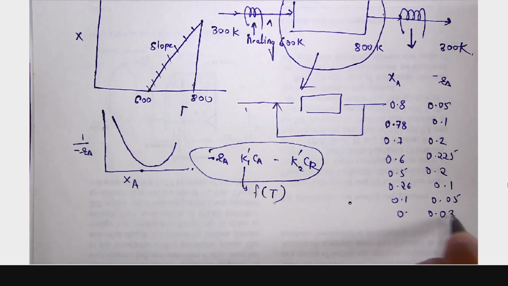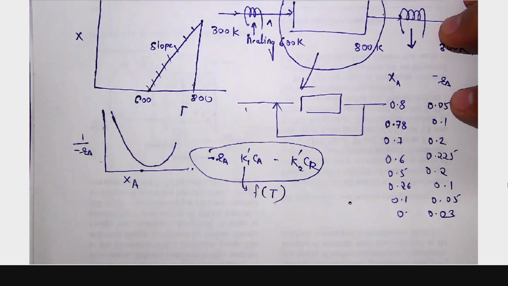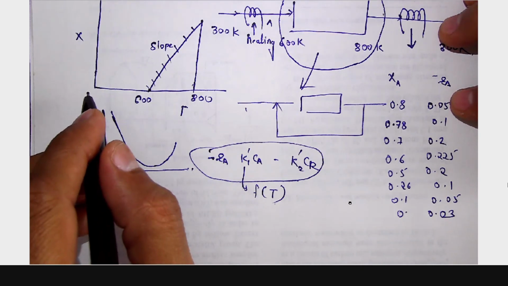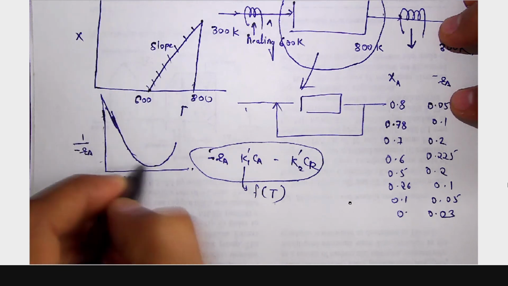So you will get these values. When you plot this, you may get the curve like this, starting from 0 and reaching 0.8.